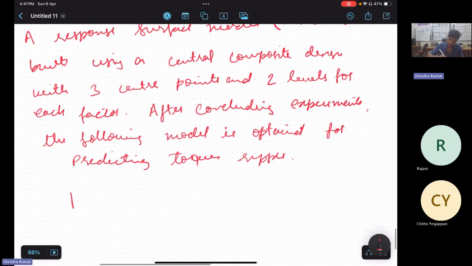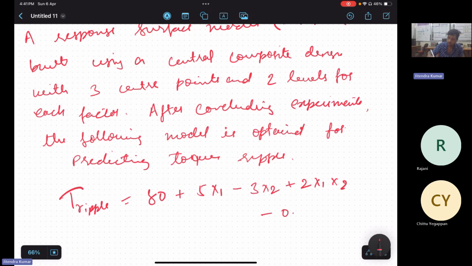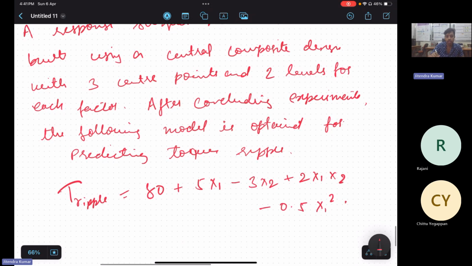That model is like this: 80 plus 5x1 minus 3x2 plus 2x1x2 minus 0.5x1 squared.